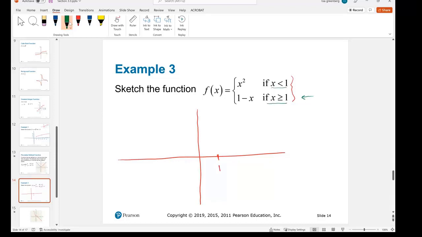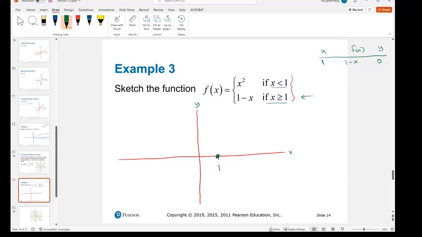So if I want to know what y is when x equals 1, I have to look at this bottom function. The function I use is 1 minus x, and so I plug in 1 and I get y is 0. So I have a point when x equals 1, y equals 0.